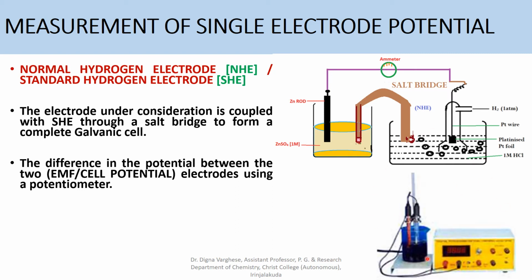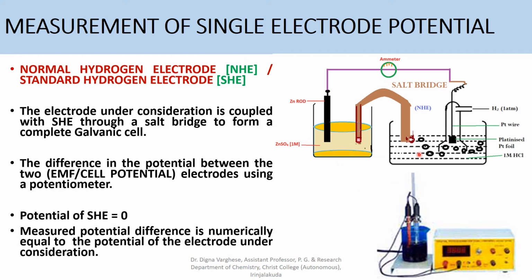Here you can see the figure of a potentiometer that is common in all MSc labs. The potential of the standard hydrogen electrode is arbitrarily fixed as 0. So the measured potential difference is numerically equal to the potential of the electrode under consideration, and we get the potential of the zinc electrode.